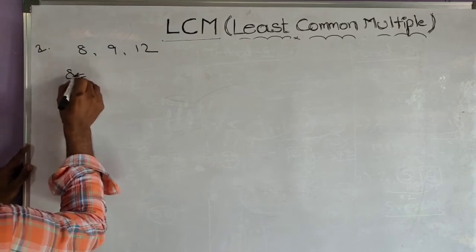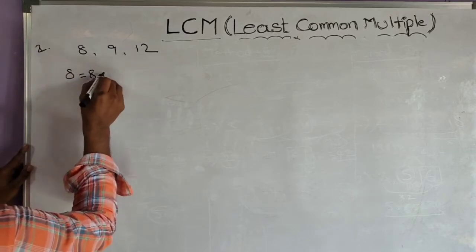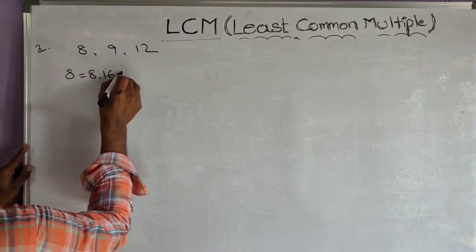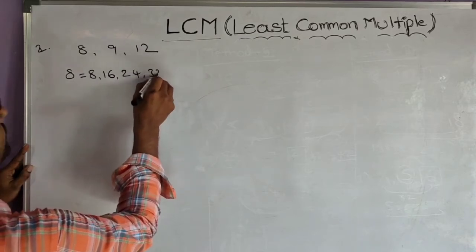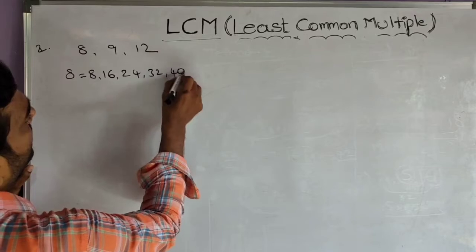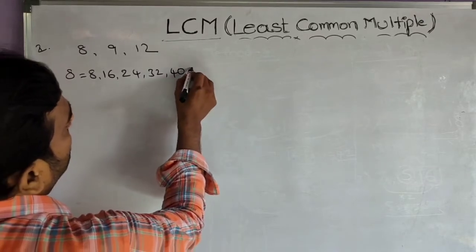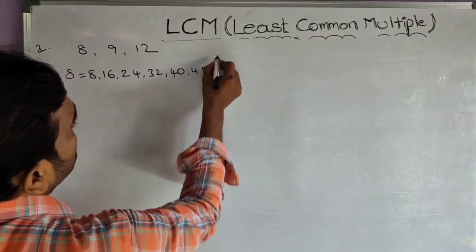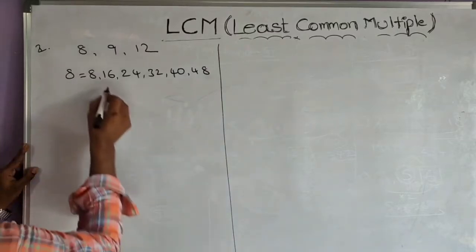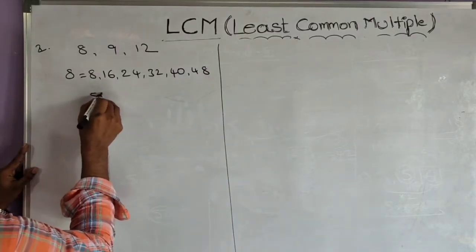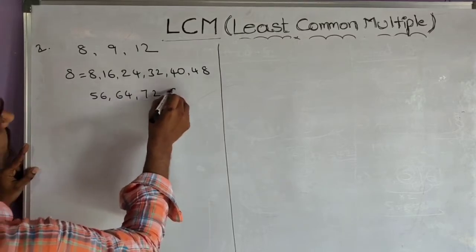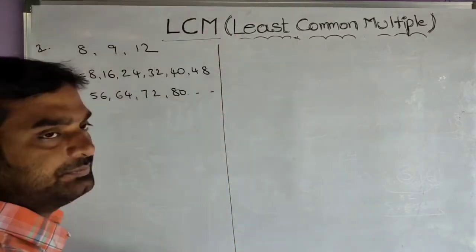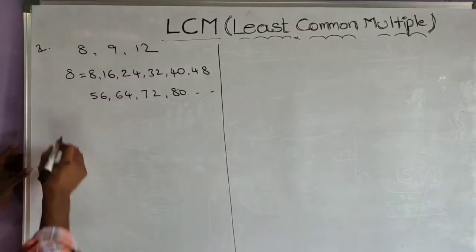What are the multiples of 8? 8, 16, 24, 32, 40, 48, 56, 64, 72 and 80 and so on. These are the multiples of 8.